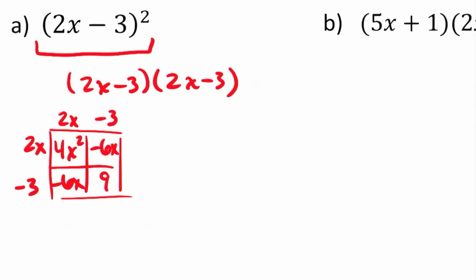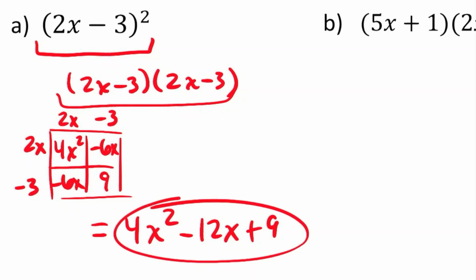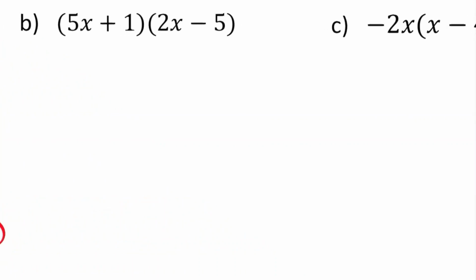So this whole thing has a product that is equal to 4x squared minus 12x and then plus 9. 4x squared minus 12x plus 9 is the product of those two binomials, or it's the result of squaring those binomials.